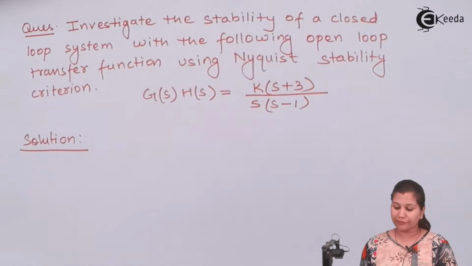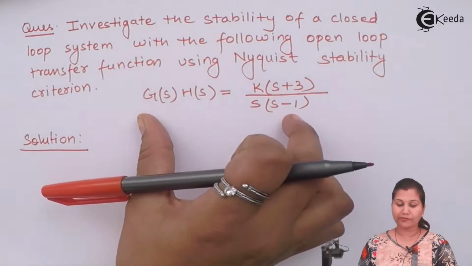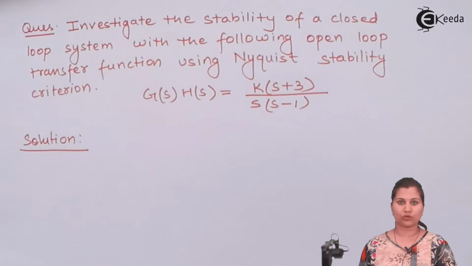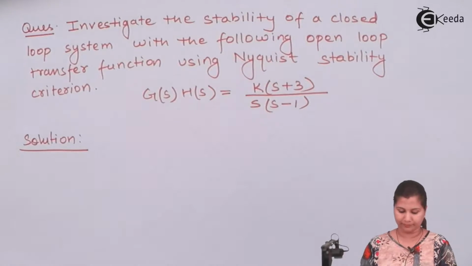For the first step of the Nyquist stability criteria, this transfer function is given to us in the S domain. So we are going to convert it into the frequency domain. That is, we are going to replace the S by j omega.